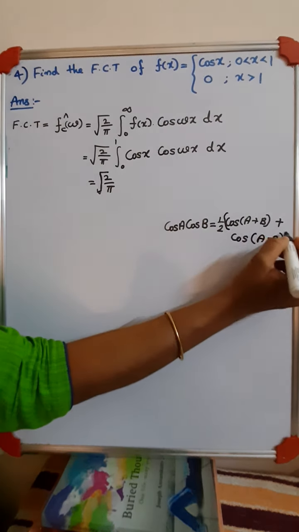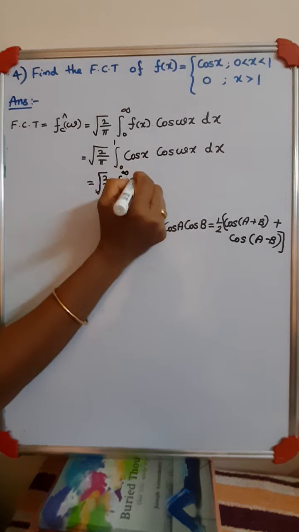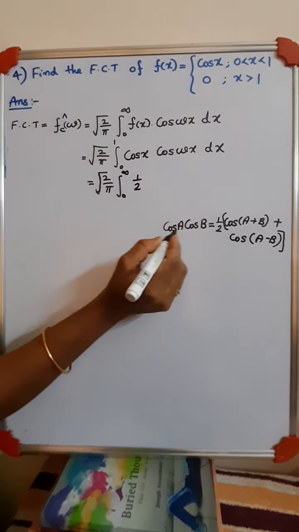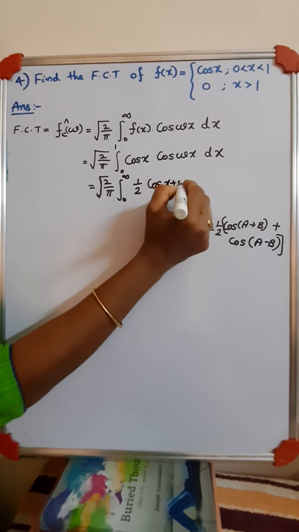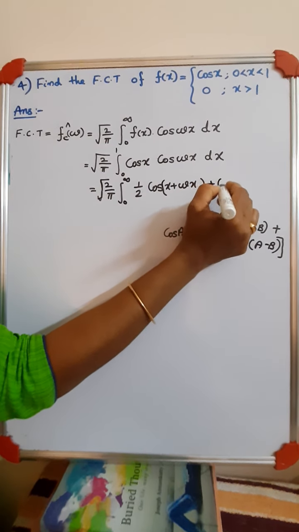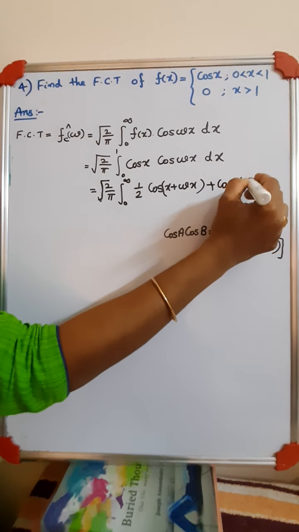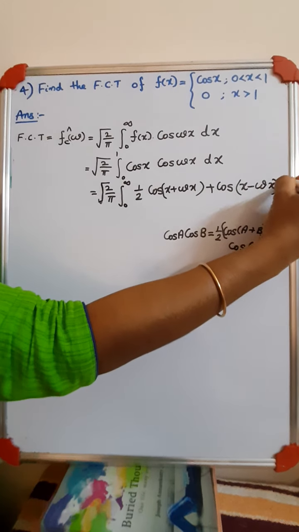This is the formula for cos A cos B. Write the result here: integral 1 by 2 into cos(x plus omega x) plus cos(x minus omega x) dx.